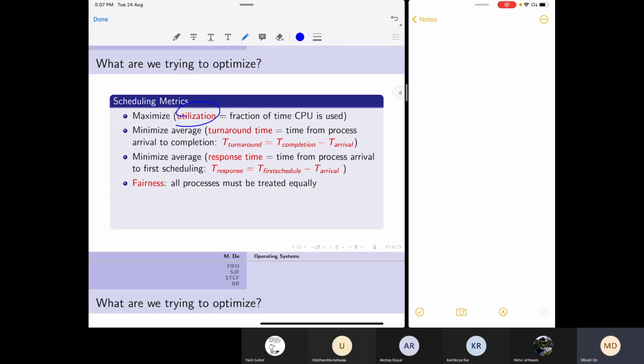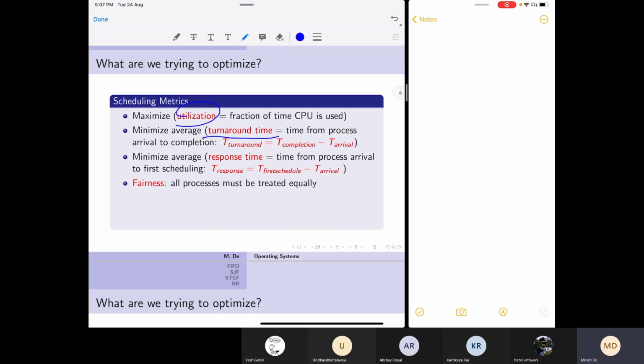It's one good parameter to judge which policy is performing better. Similarly, there is another important parameter known as turnaround time. So what is turnaround time?